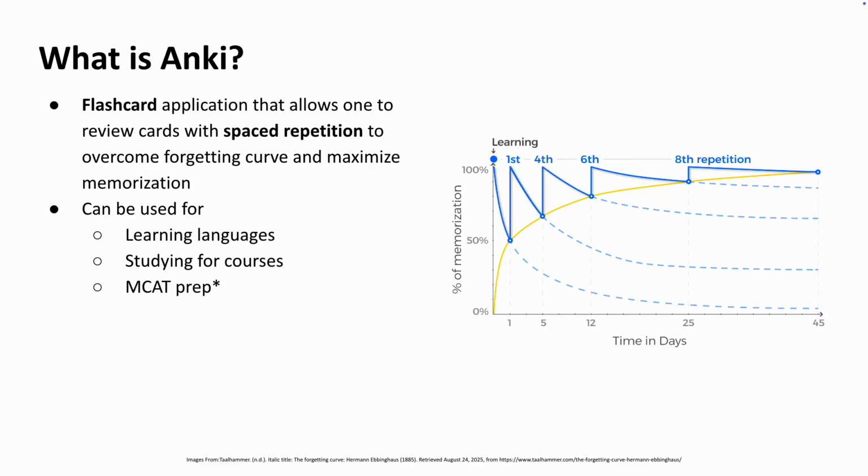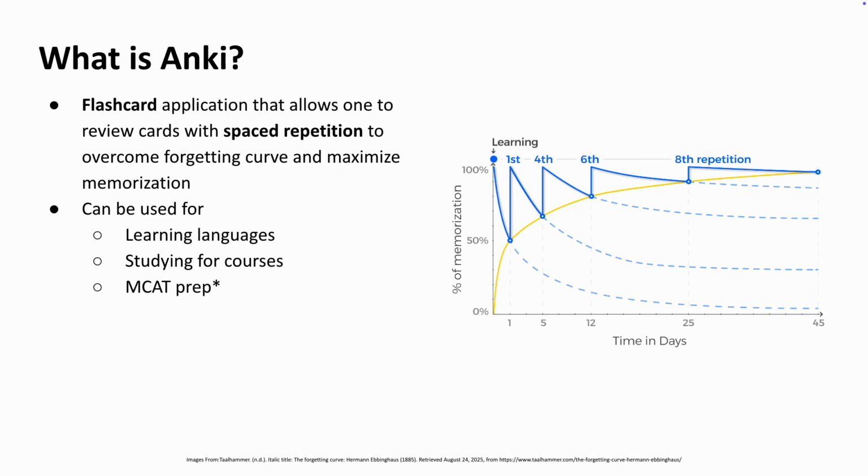The period between repetitions is hard to figure out on your own. What this app does is automatically calculate how long the term between repetitions should be for each item you memorize, and it'll be different for each one.